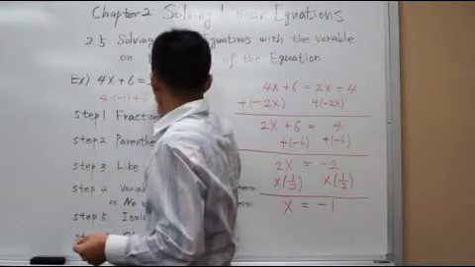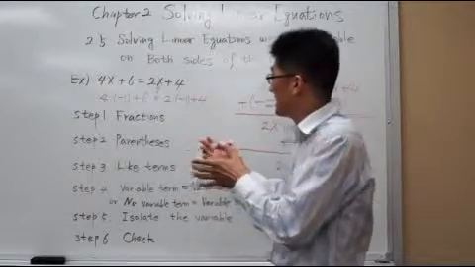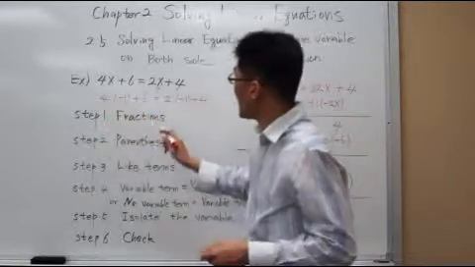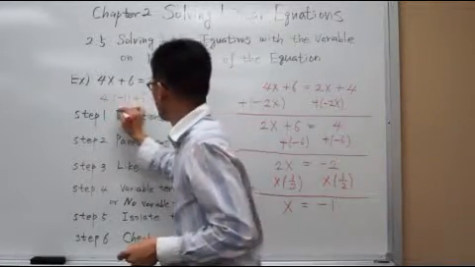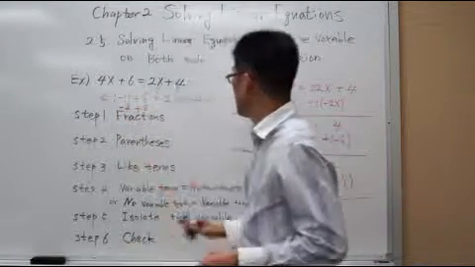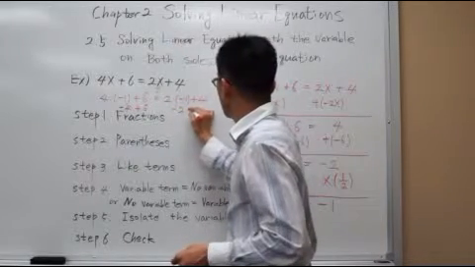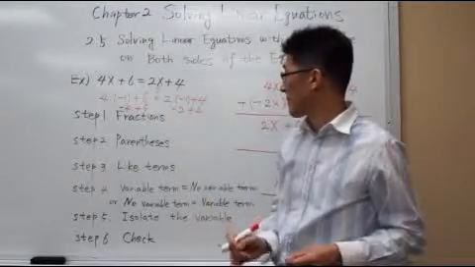We check whether the left-hand side equals the right-hand side. 4 times negative 1 is negative 4, plus 6. 2 times negative 1 is negative 2, plus 4.